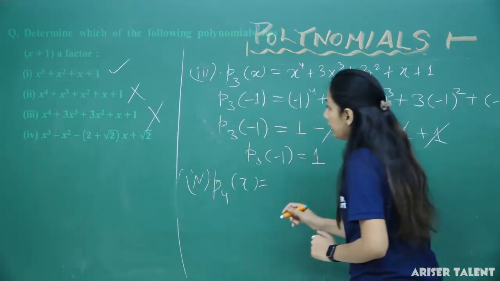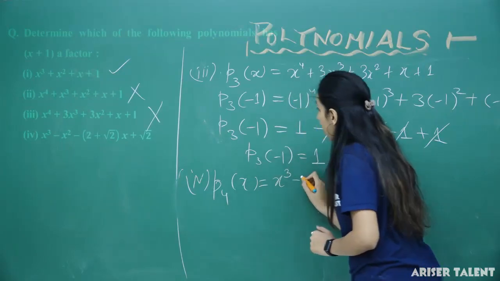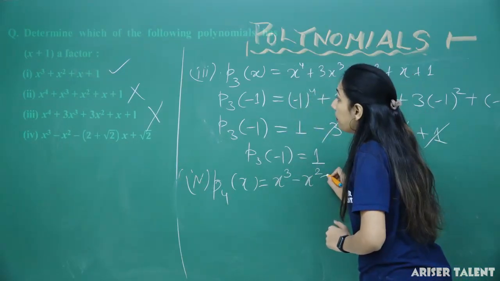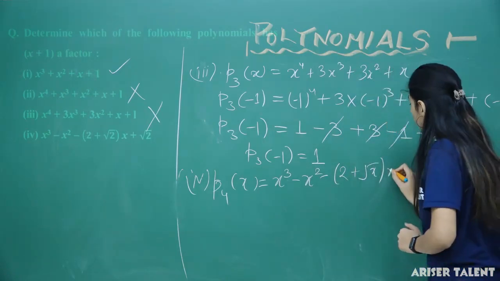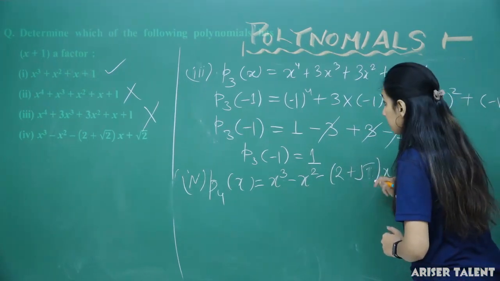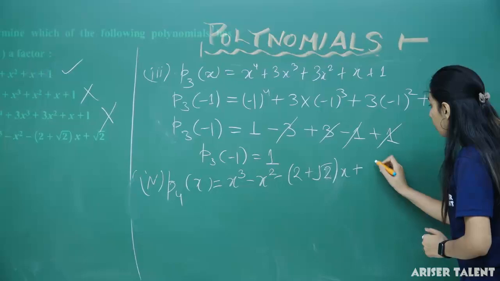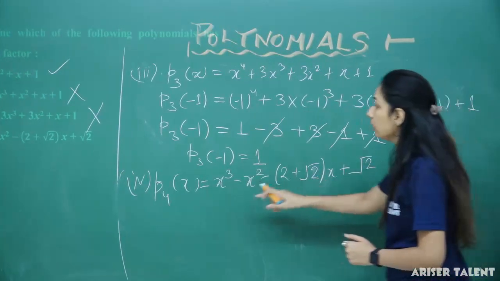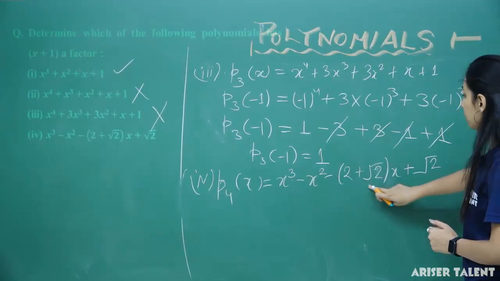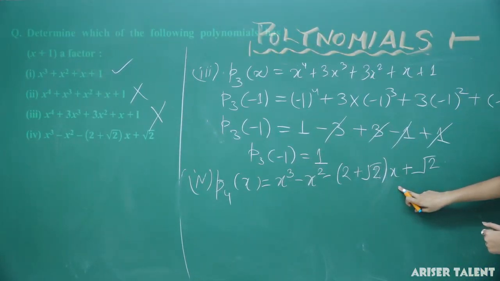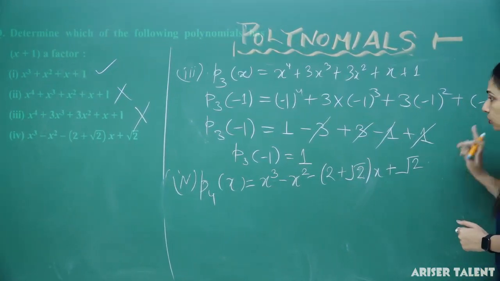P4(x), okay. Now, note it, x cube minus x square minus (2 plus root 2)x plus root 2. Check the values, x cube minus x square minus (2 plus root 2) multiplied by x plus root 2. Okay.